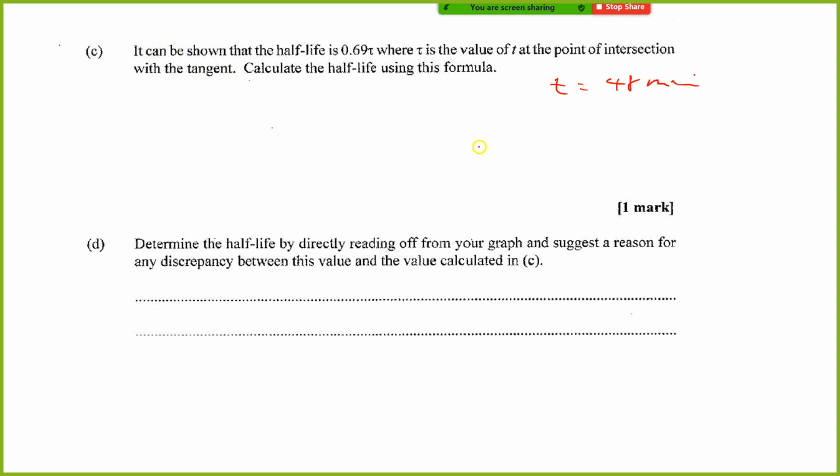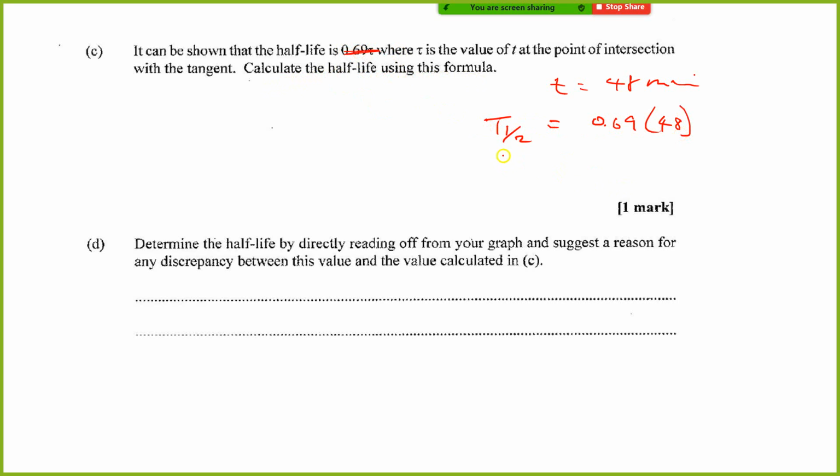So technically they're saying that the half-life is equal to 0.69 of that t value, which is basically tau, right? 48. So it says calculate the half-life using this formula.